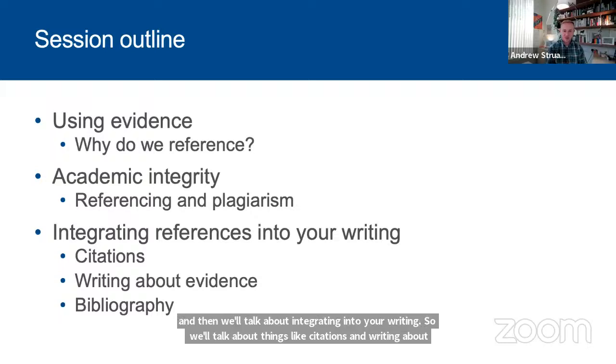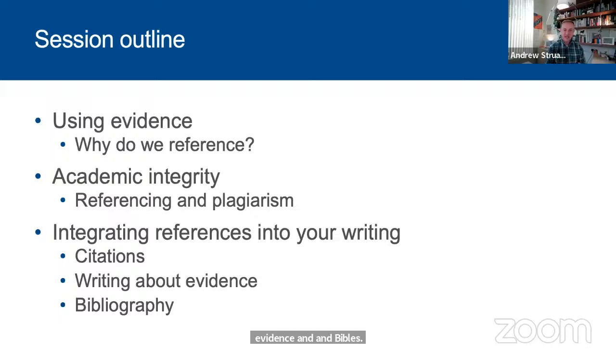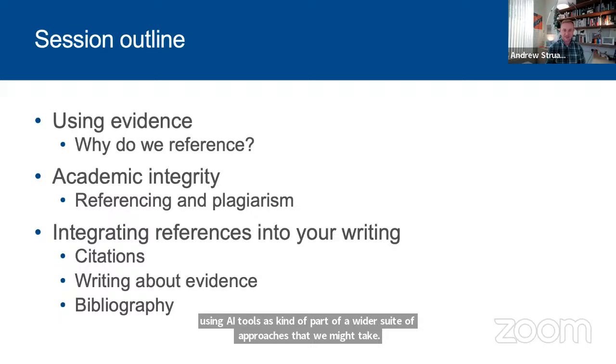And then Scott's going to talk about how we now do this in light of a variety of artificial intelligence tools that exist, so the ways in which we can ensure that we're maintaining academic integrity while using AI tools, but using them as part of a wider suite of approaches that we might take to ensure that we maintain academic integrity.